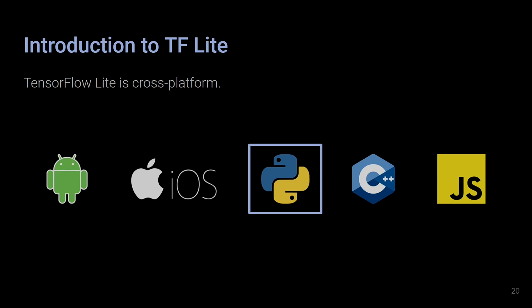During this course, you're going to use Python to optimize and convert a model to tflite, and Android to run a model at the edge. However, all of the content presented during this course can be easily applied or adapted to all of the other platforms already supported by tflite, including iOS and JavaScript.